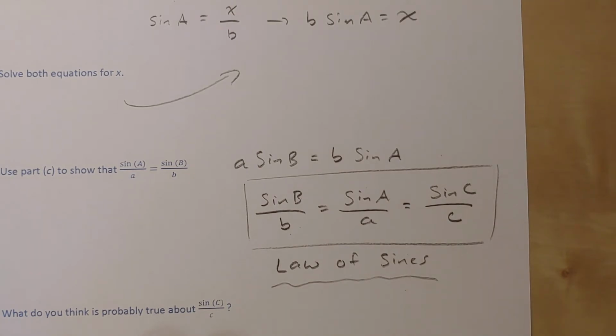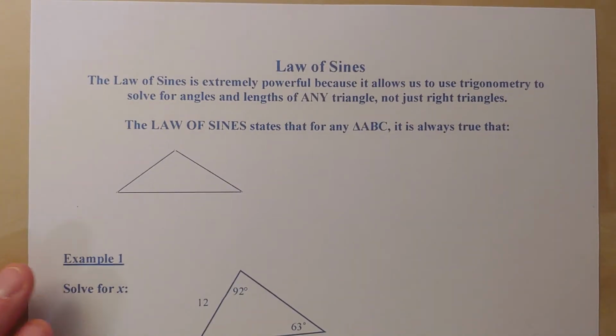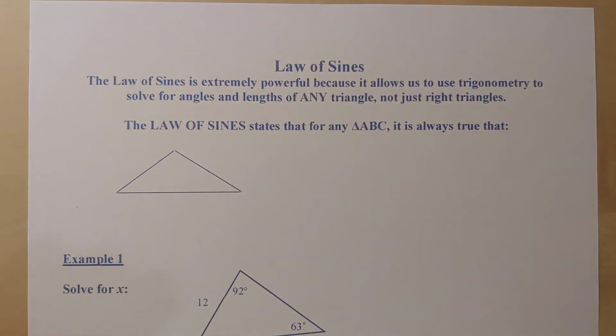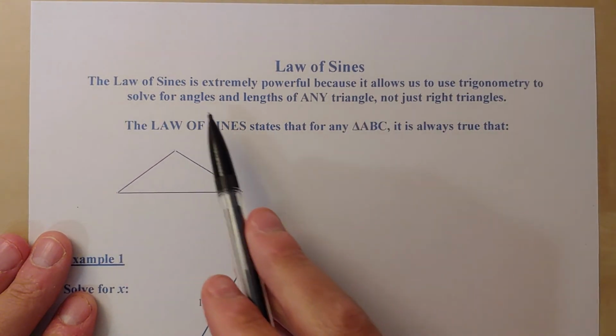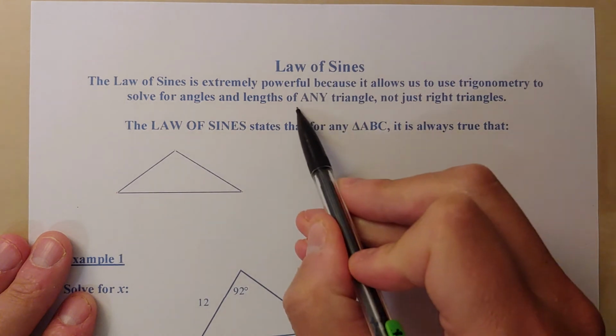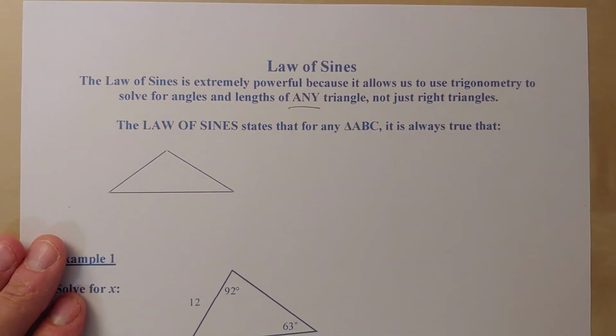It's pretty easy, actually. If you're following along on your own copy of these notes, you want to jump to the back side where I have the law of sines. It's extremely powerful because it allows us to use trig to solve for angles and lengths of any triangle, not just right triangles.